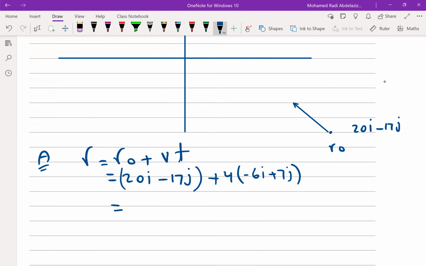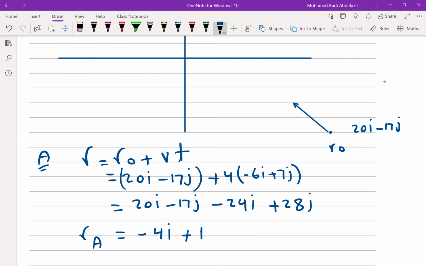You can simplify: 20i minus 17j minus 24i plus 28j. So the final position of A is 20i minus 24i is minus 4i, minus 17j plus 28j is equal to 11j. This is the final position after 4 seconds.